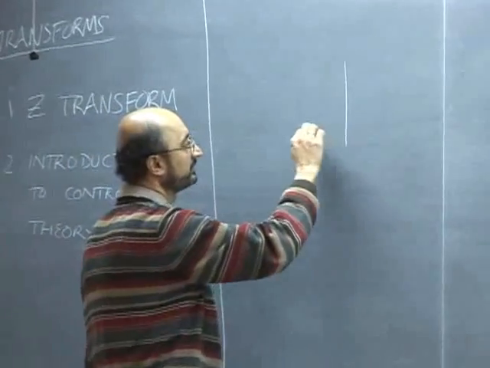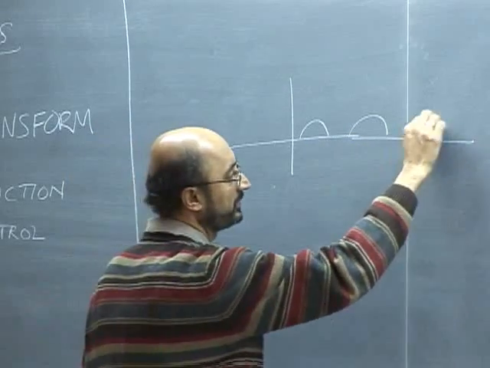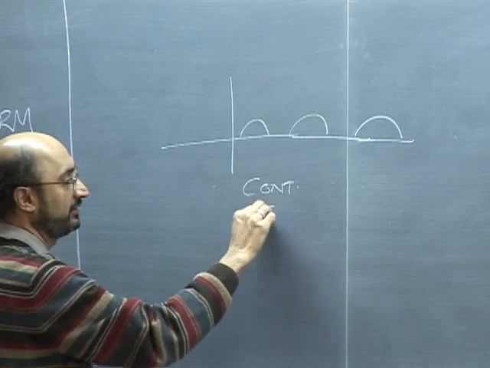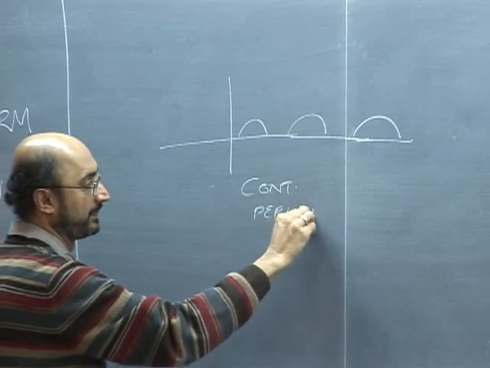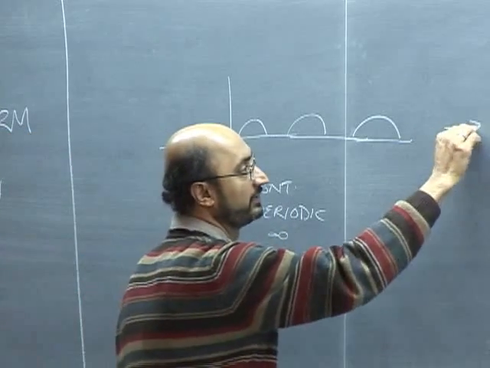We started out with the notion of a periodic signal, a continuous periodic signal. If it's continuous, periodic, and infinite, then we get the Fourier series.